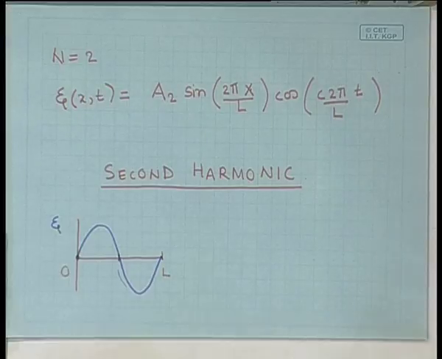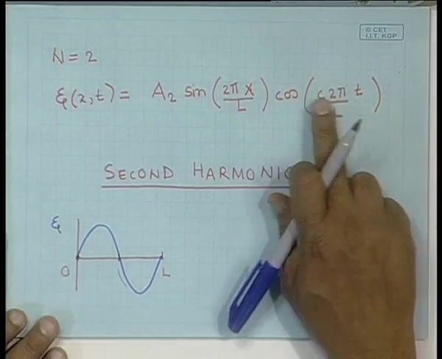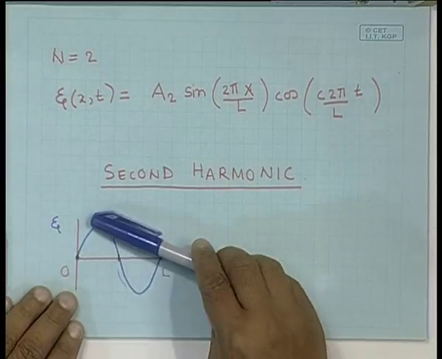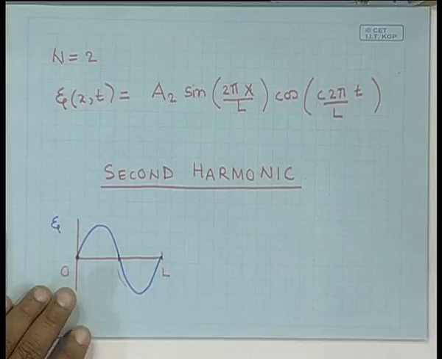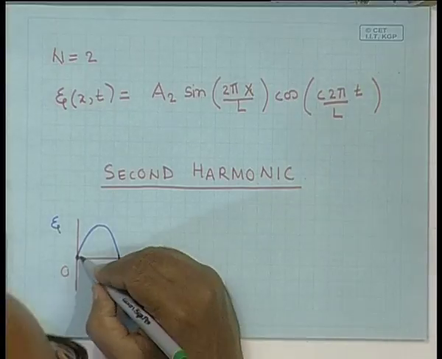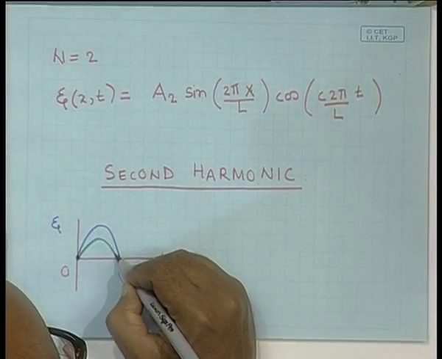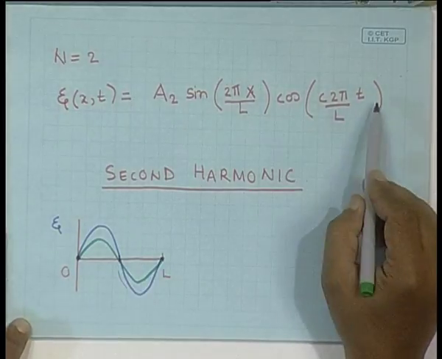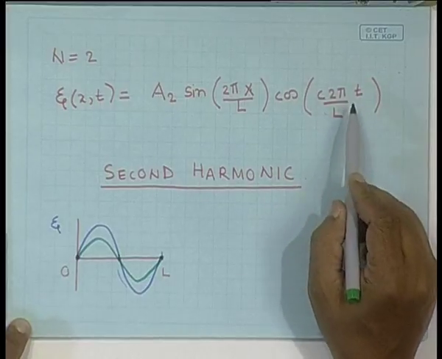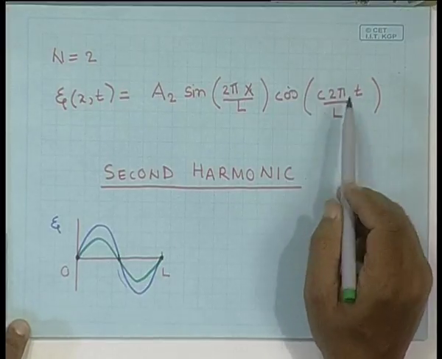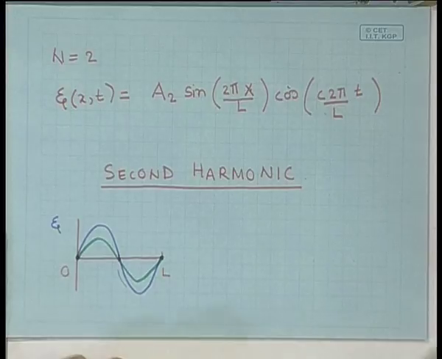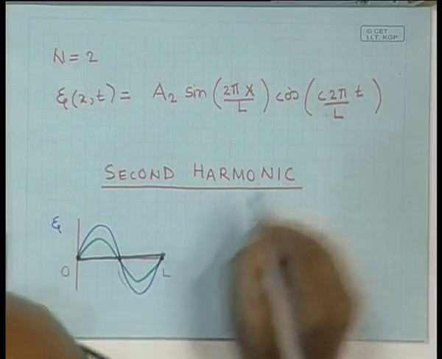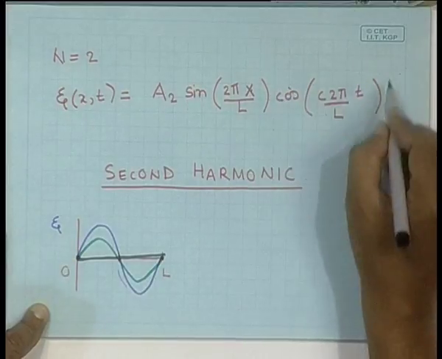Now, as t increases, this cosine term is going to fall and the amplitude of this is going to go down and it will look something like this at a slightly later time. And then at a certain value of t, which again you can calculate, the cosine term over here is going to be 0. So, the string is now going to appear like this. And then as time increases further, this cosine term is going to be negative.